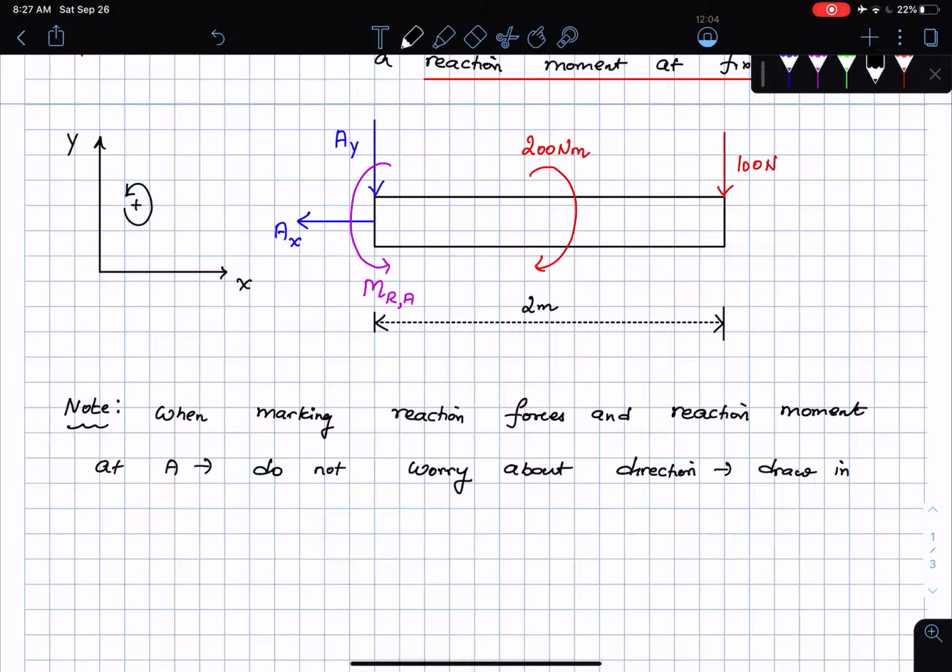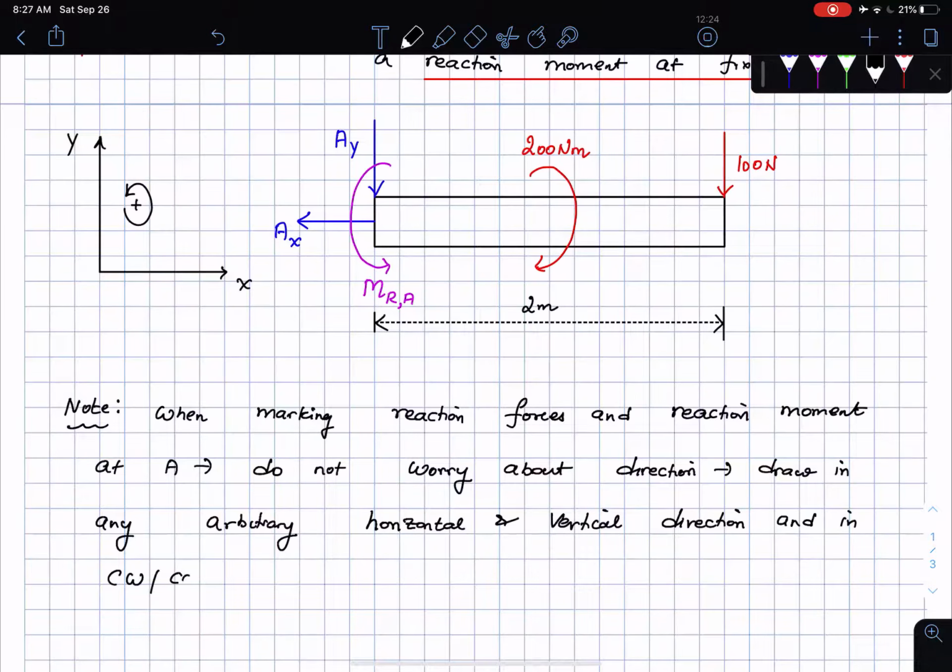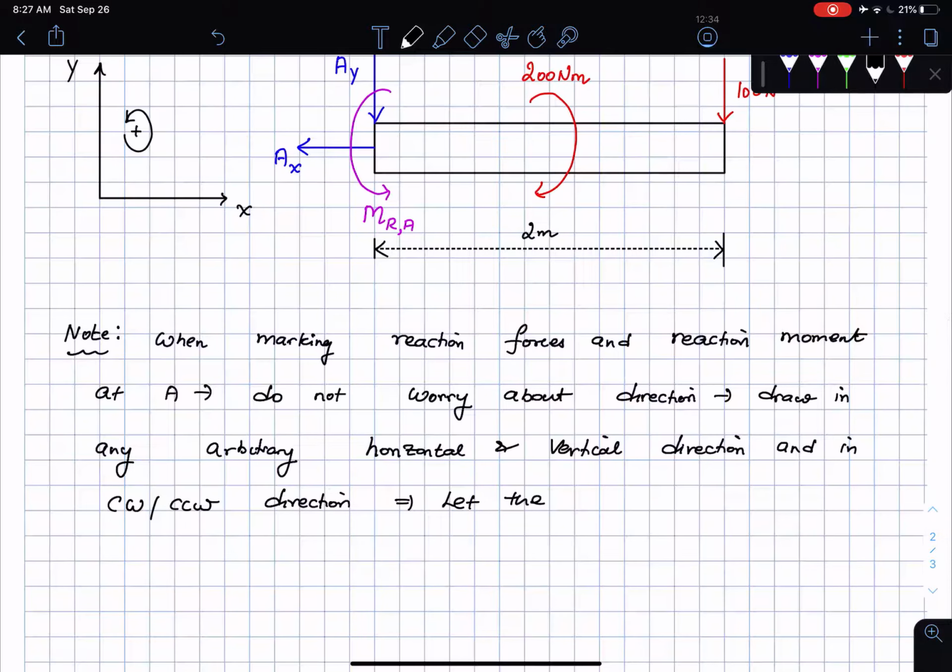Draw in any arbitrary horizontal and vertical direction, and in clockwise or counterclockwise direction for the reaction moment, and let the equilibrium equations take care of the actual direction, or let the equilibrium equations tell us the actual direction.